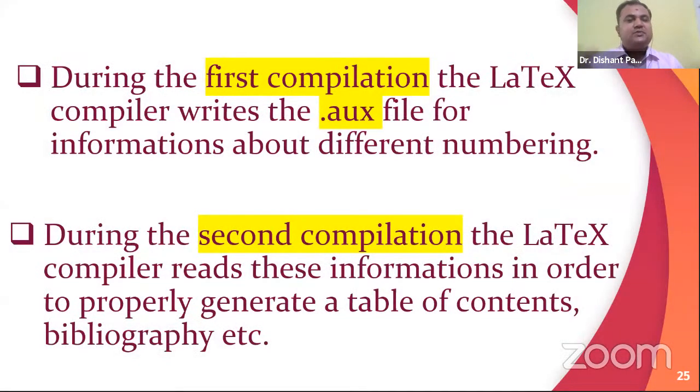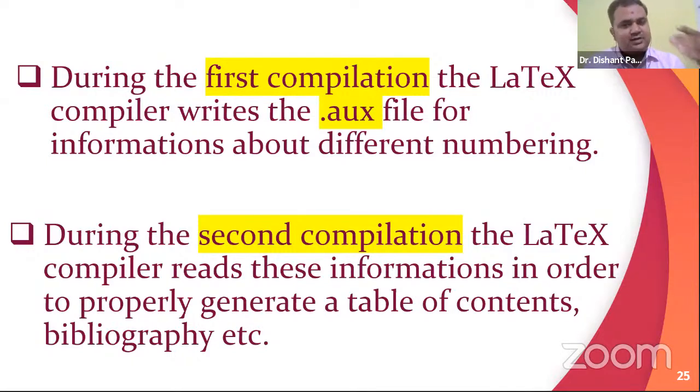First it will collect those things, and that collection will be stored in the auxiliary file called .aux. After a few minutes, I will show you that detail as well. That auxiliary file consists of information about the different numbering, and with the second compilation, you will have appropriately ordered references.